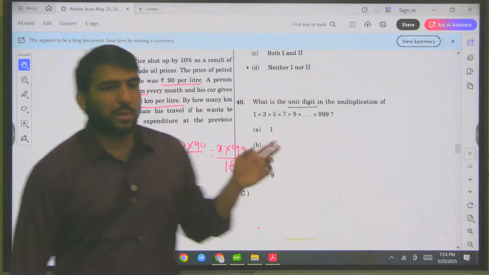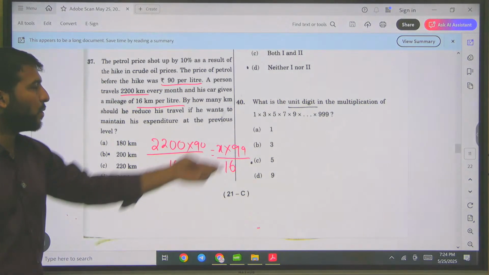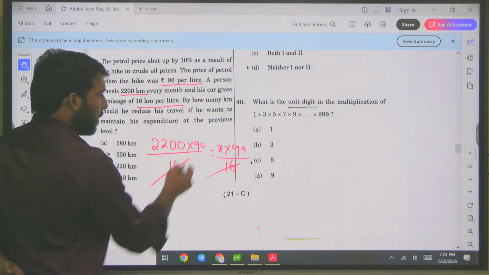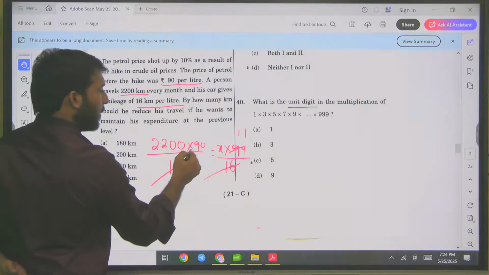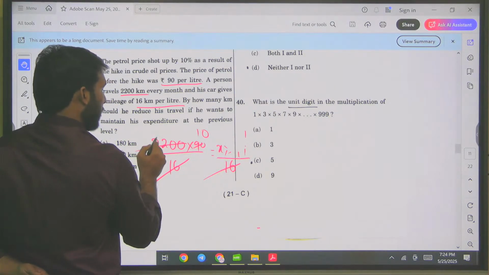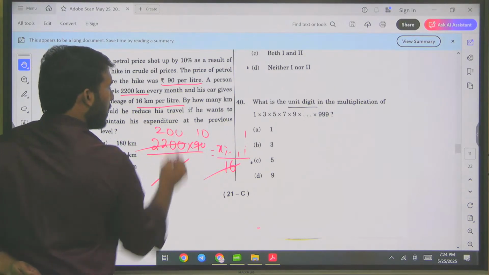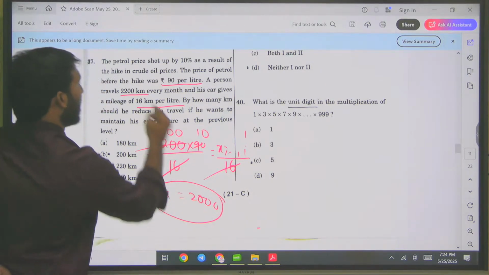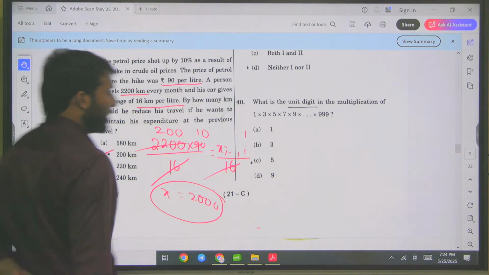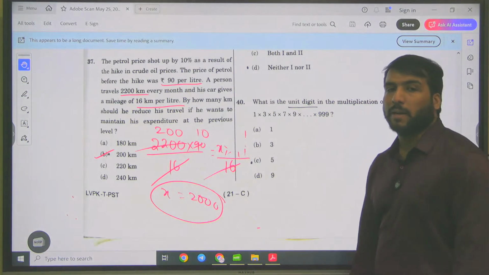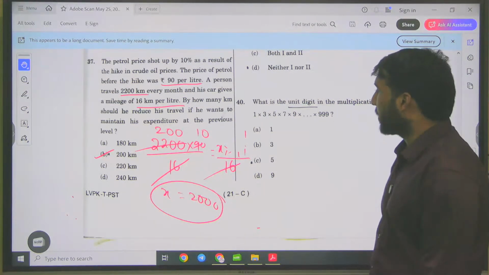So it will be 2200 into 90 by 16 is equal to X into 99 by 16. 11, 10, 11 ones are 11, 2. So X is equal to 2000. But how much was given? 2200. How much reduction should happen? 200 kilometers. Fine.